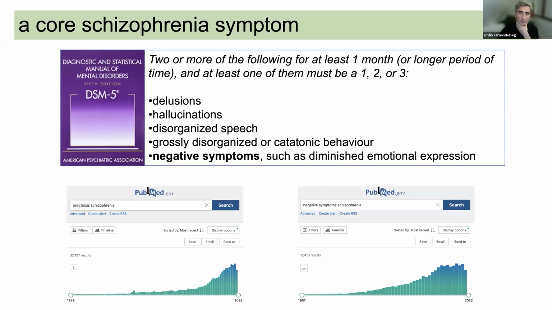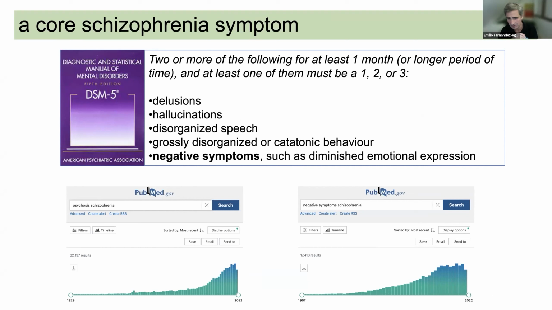Well, what is the interest, perhaps? Well, the interest is that since the inception of the DSM-3, negative symptoms as such, without much specificity, have been considered a core symptom of schizophrenia, as you know. Something that perhaps people don't need to have as a criterion for being diagnosed with schizophrenia, but has always been one of the 5 core symptoms of the DSM.